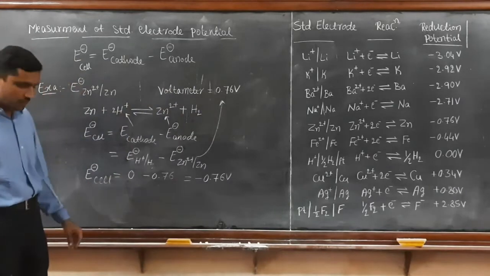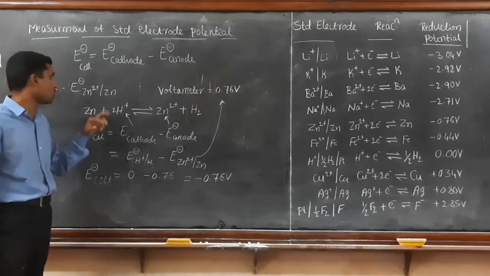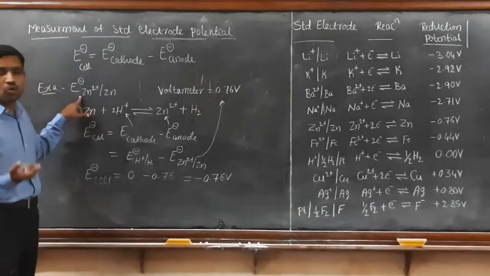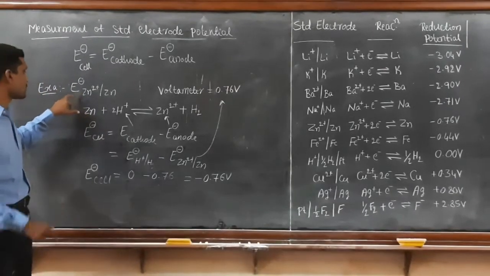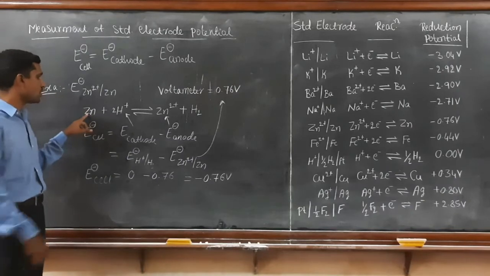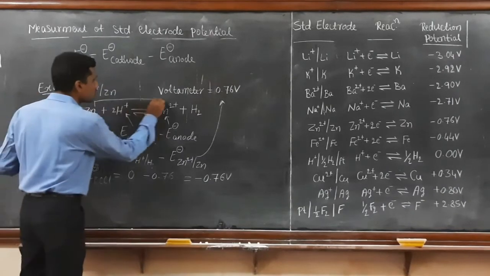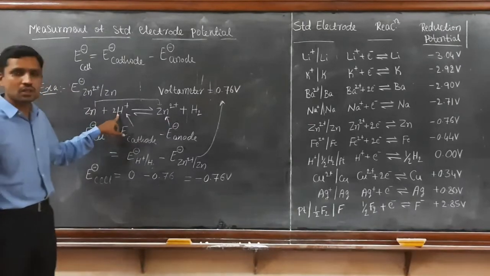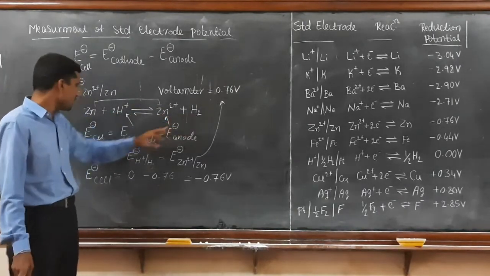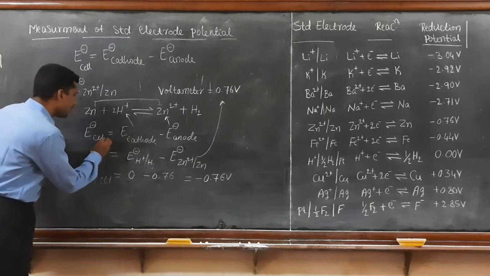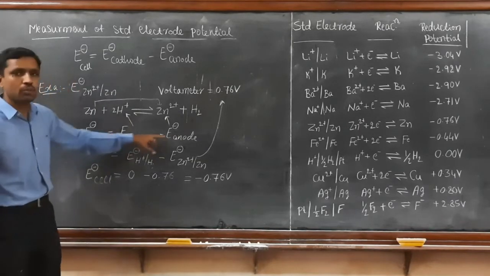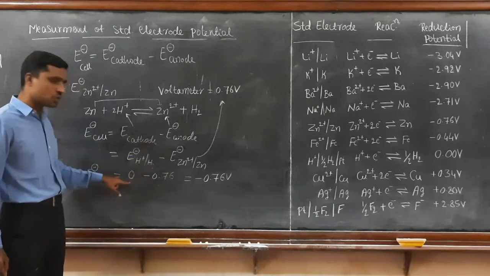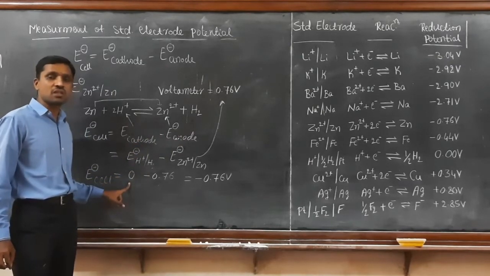Similarly, you can determine it for the copper electrode. This is according to your galvanic cell. Zinc will undergo oxidation and act as the anode, with the liberation of hydrogen gas as the hydrogen ions in the solution are reduced. The EMF of a cell is equal to EMF of cathode minus EMF of anode. The cathode is about 0 volt because it acts as the reference electrode.